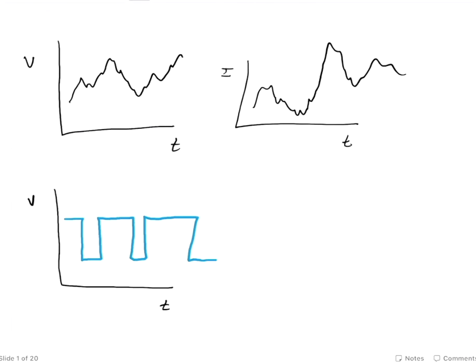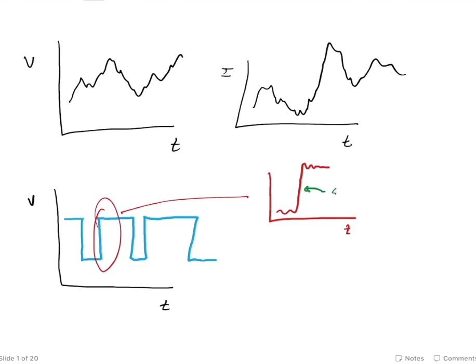But these are still actually analog signals. If we zoom in here, what we might actually see is something that looks more like some ringing and some actual slope. There's a slope there. It's not an infinite slope.